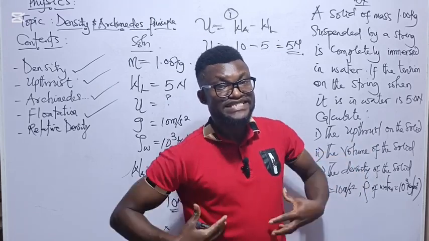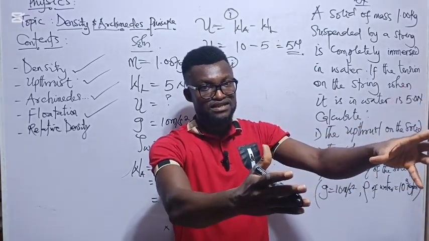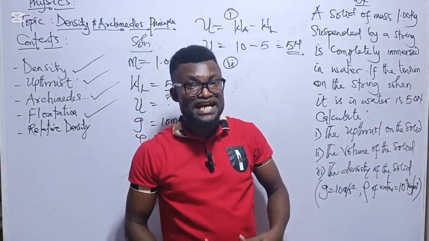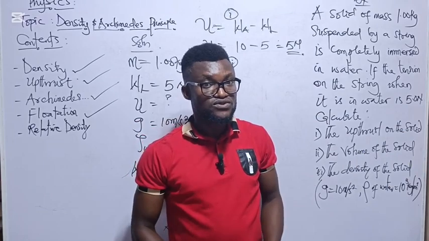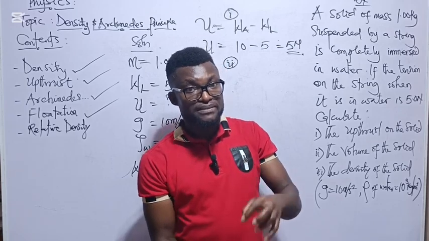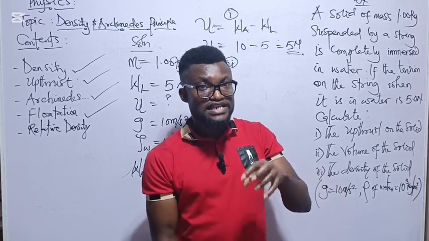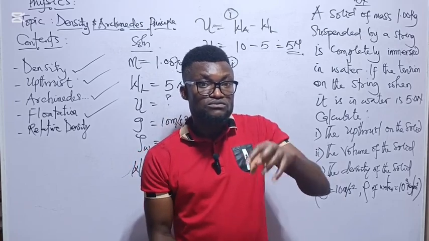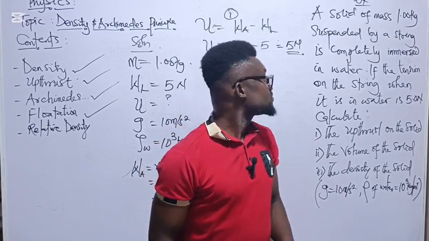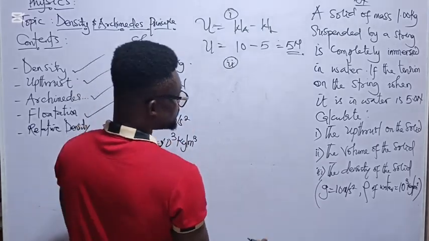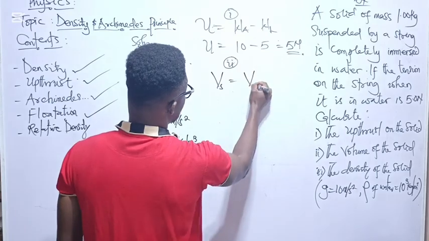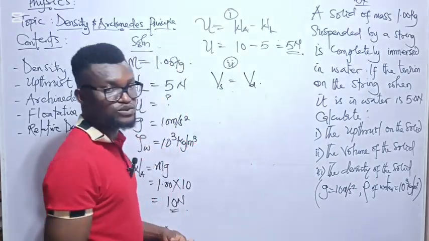So the body has displaced water in order to occupy that very volume. So that tells you that the volume of a body immersed in a fluid is equal to the volume of the liquid that was displaced. So in that case, to answer the volume of the solid, we said volume of the solid is equal to volume of displaced liquid.